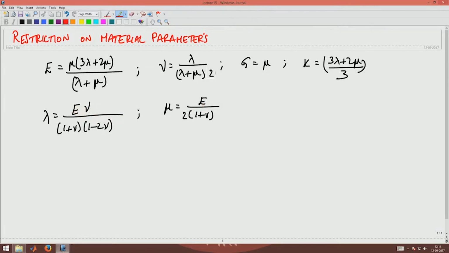Now what we are going to see is what are the restrictions, or what are the possible values, that these material parameters can take.